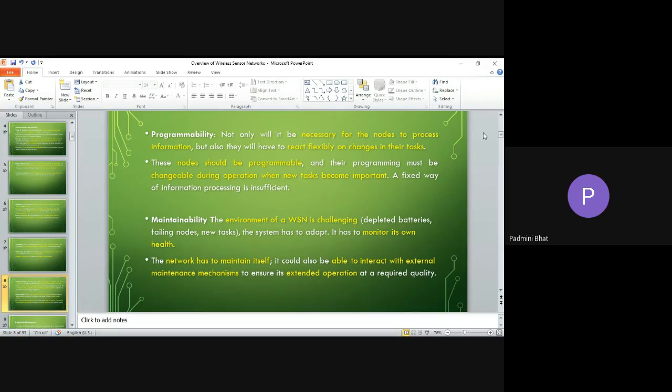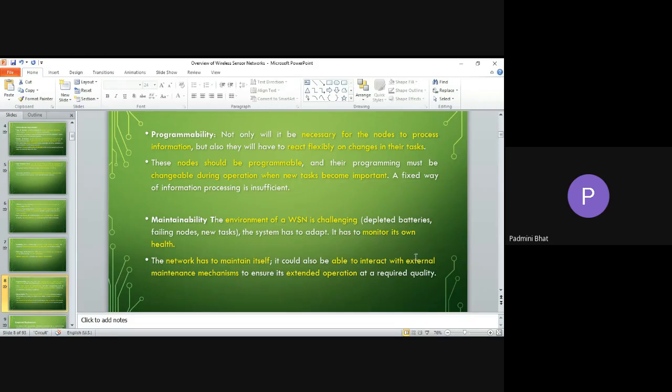That does not come for all applications, only for a few applications. So in that time, the node itself has to monitor its health. It should be capable of doing it.